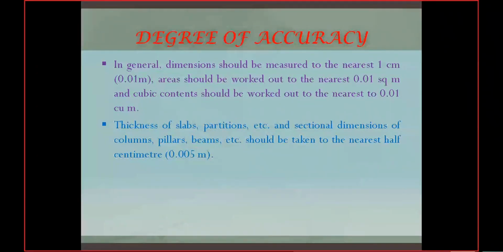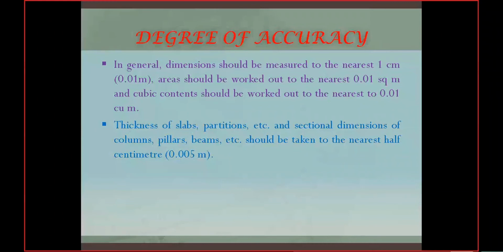So that is about the degree of accuracy. Remember that the degree of accuracy depends upon the rate of the item or rate of the work, that is, what you are paying per cubic meter or per square meter.